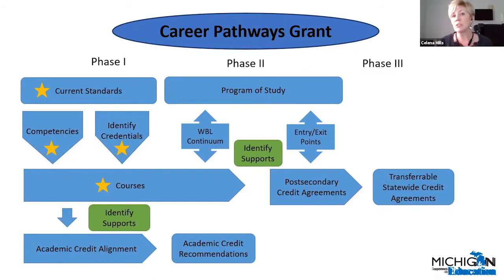What kind of work-based learning should they be looking at? And then how does that align with those post-secondary credit agreements? And how can we make it so that you don't have to do so many of those on your own, but maybe they're more regional, or they are more transferable across institutions in our state? So that's the work that's coming your way. But again, today we're going to focus on just that little area with the stars.